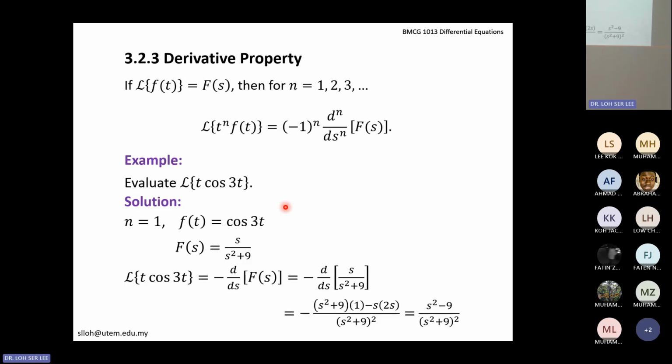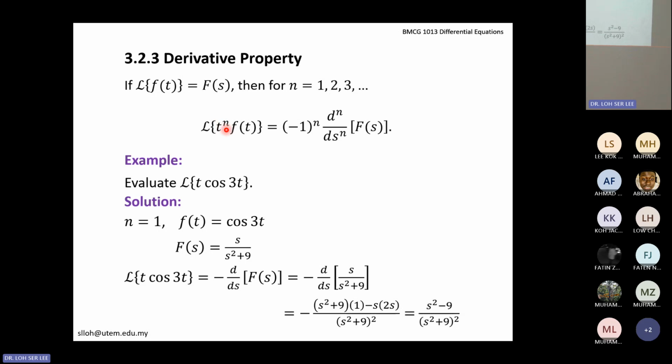And now we look at how to apply this formula. Now we compare: n is 1, so your f(t) is cos 3t. If you look at the formula, we need the value of n. If n is odd, you have a negative sign.